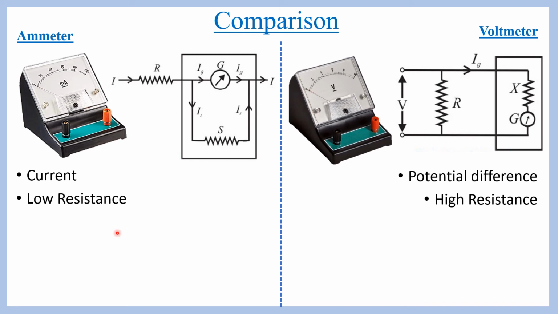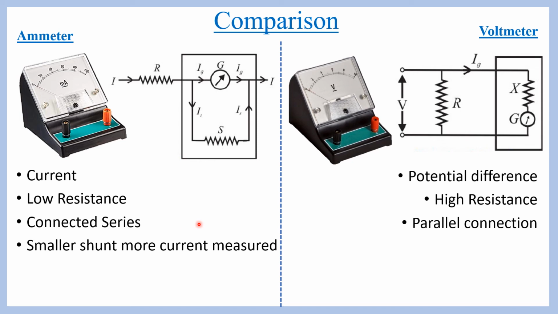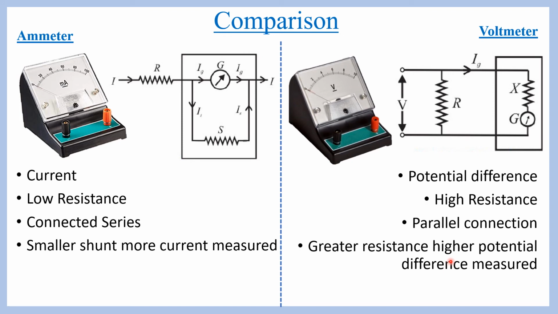When measuring current, the ammeter is connected in series in the circuit, and the voltmeter is connected parallel to the point where we are measuring the potential difference. Next, if we connect a smaller shunt, the current that can be measured will be accordingly more, and in the case of a voltmeter, the greater the resistance that you connect, that is, the value of X is high.